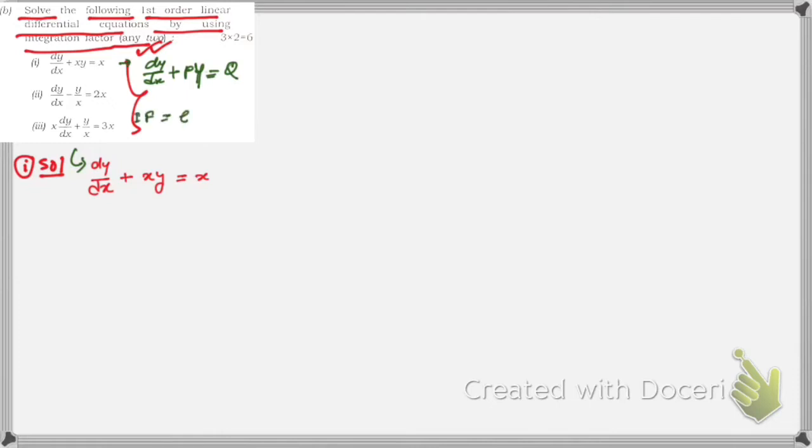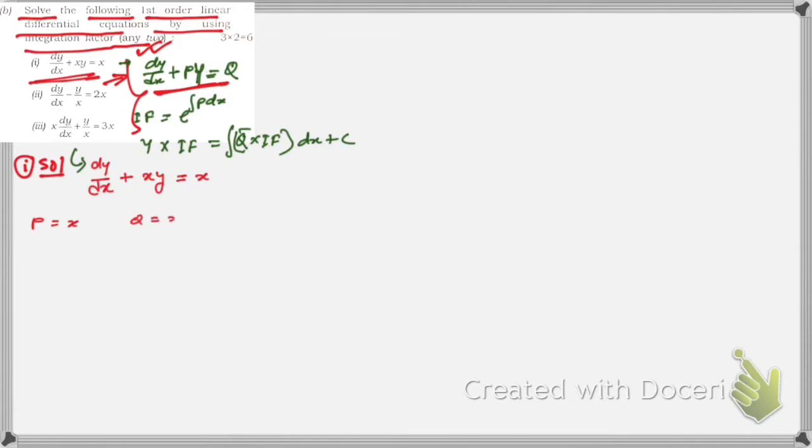The integrating factor will be e to the power p dx, and the solution is y into IF is integration q into IF dx plus c. Comparing the first equation with this, we got p is equal to x and q is equal to x.